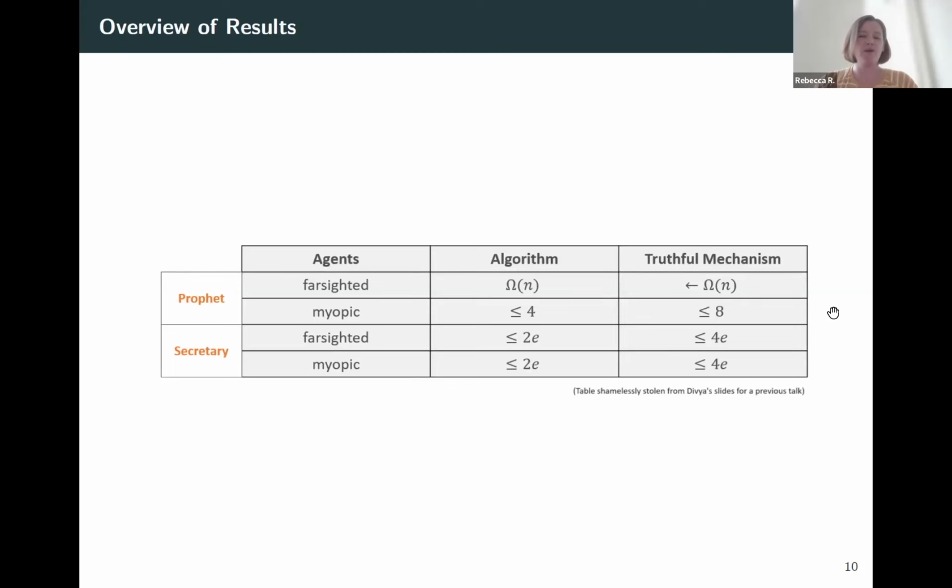This will give you an algorithm with 2 times the original approximation factor, which means 2 times 2, which gives us a 4. I will show this in a little bit.